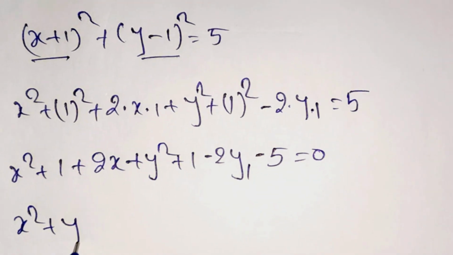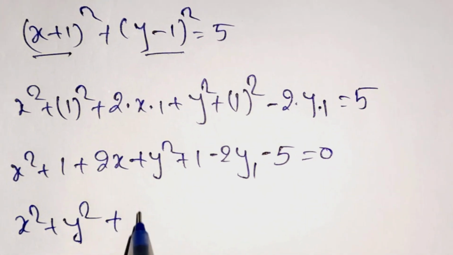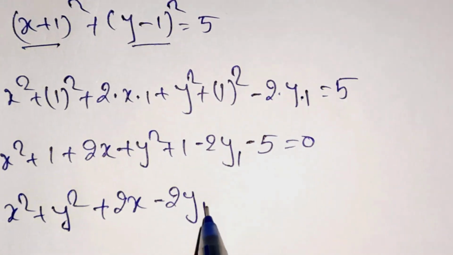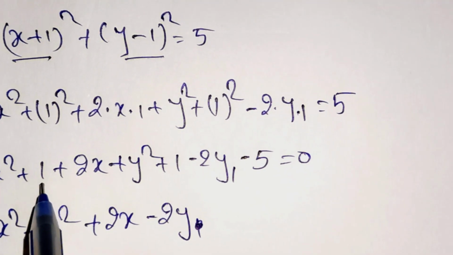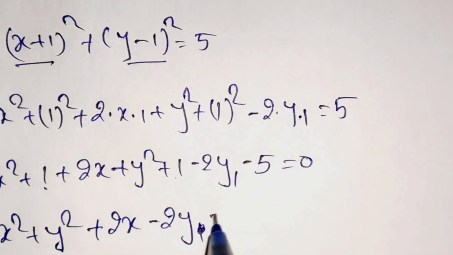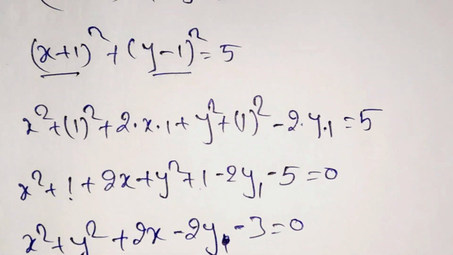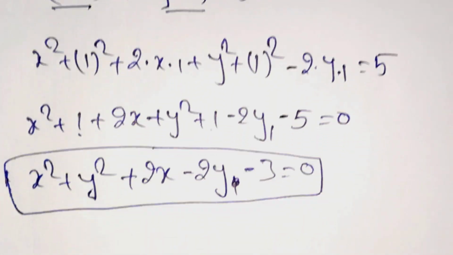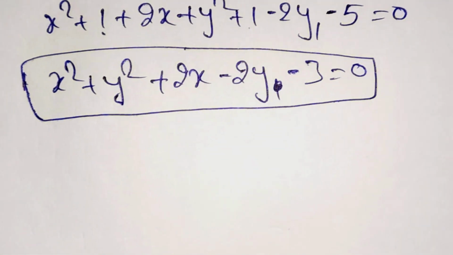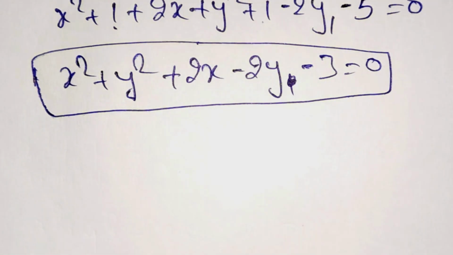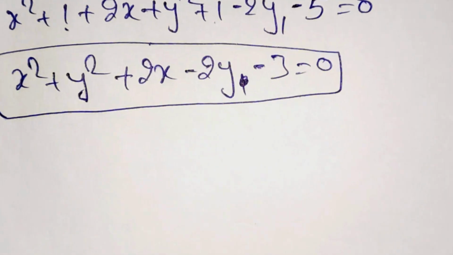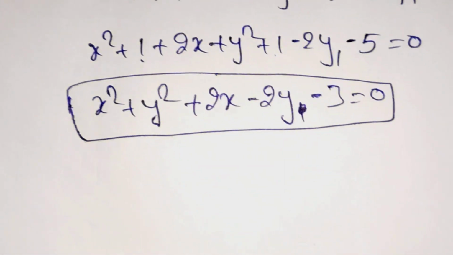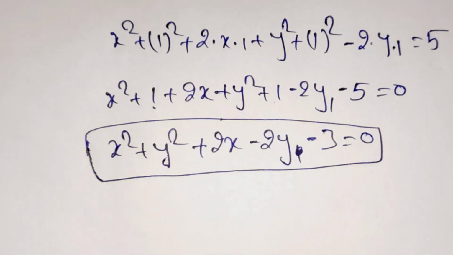Now x square plus y square plus 2x minus 2y, and also 1 plus 1 becomes 2 minus 25 equals minus 23 equal to 0. This is the equation of the circle with center on the line and passing through the points A and B. This is the required circle equation.